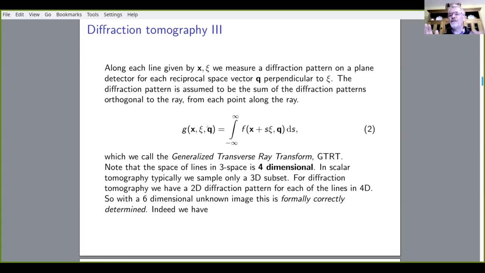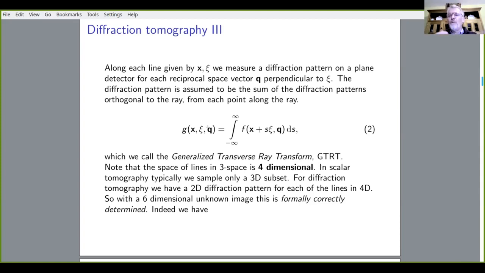Notice that the space of lines in three-dimensional space is four-dimensional, right? So you need four parameters to describe all the lines in free space. And so typically, if you're doing scalar tomography, you want a function of three variables. You could measure a function of four variables. You don't need to. So typically, you measure a bit less than that. But in this kind of diffraction tomography, it's formally correctly determined.